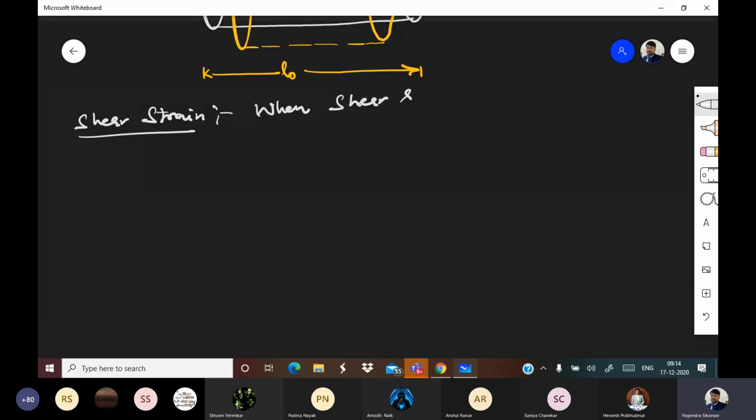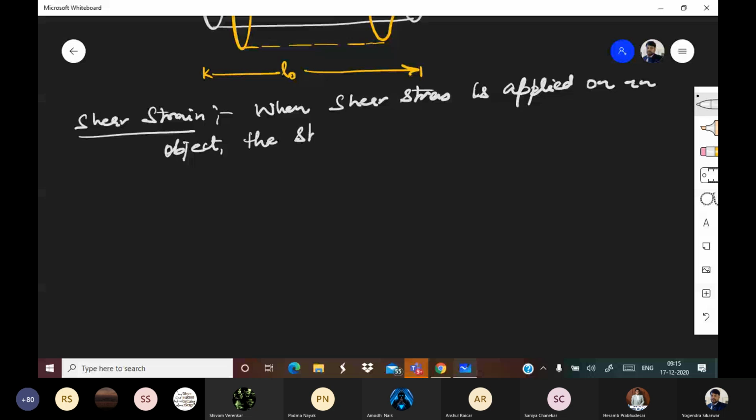When shear stress is applied on an object, the strain produced is called shear strain. The strain produced is called shear strain.